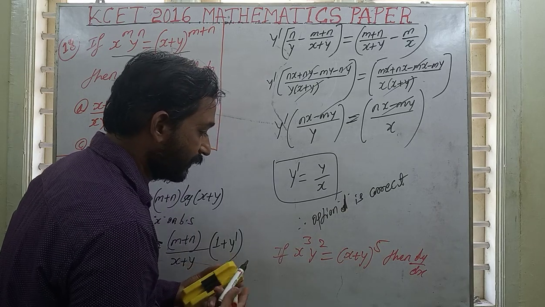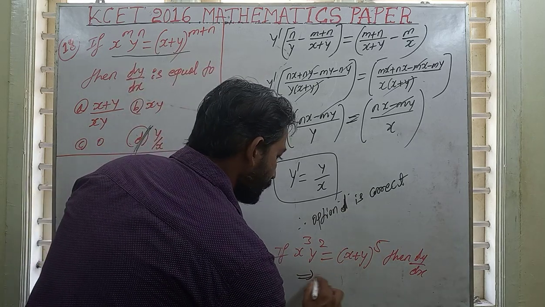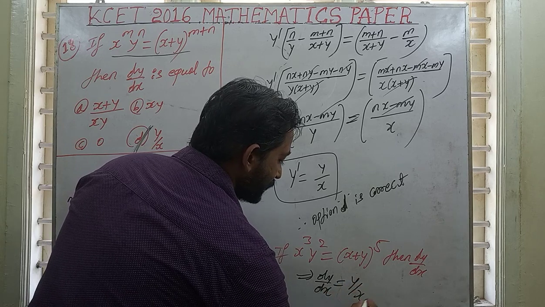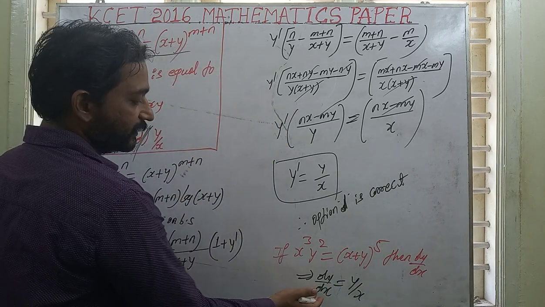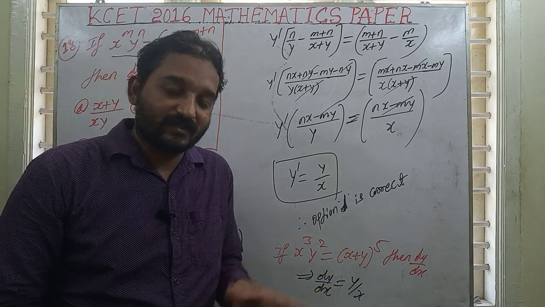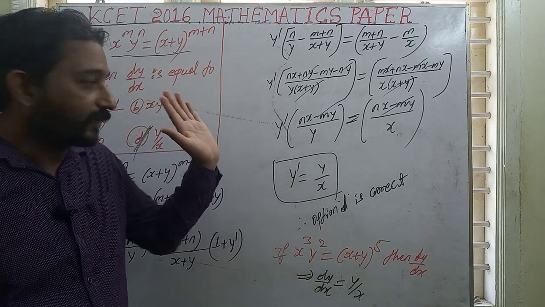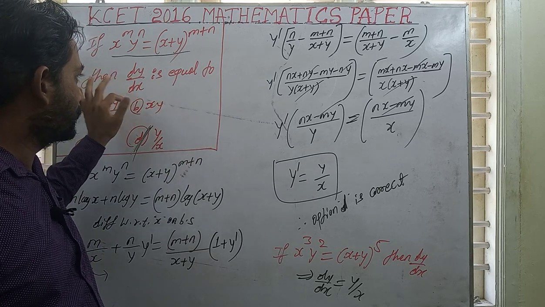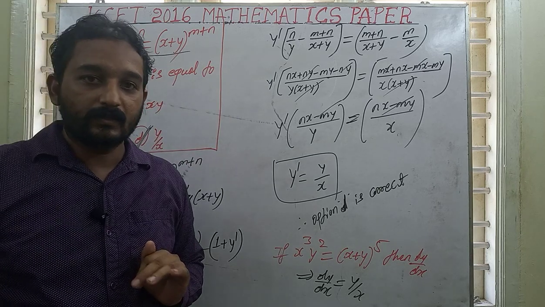Directly we can write the answer of this question: dy by dx is equal to y by x. This is a standard result. Using this standard result, we can write the answer easily. Use it as a shortcut method. Okay, so observe carefully and memorize this case. Okay, take down.